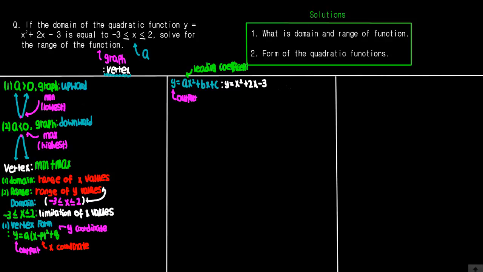Leading means it is the highest degree power term, and the highest power term in the quadratic function is x squared. So our a value is the coefficient of our highest power term, which we call the leading. That makes the whole difference between just a coefficient and the leading coefficient.